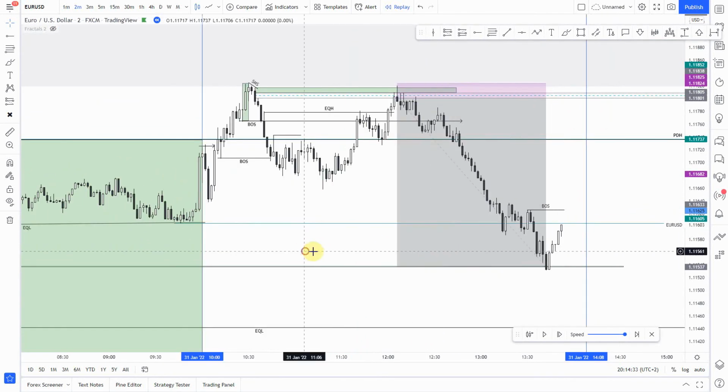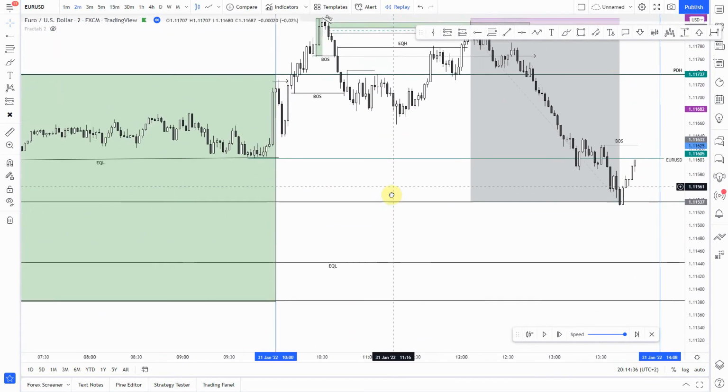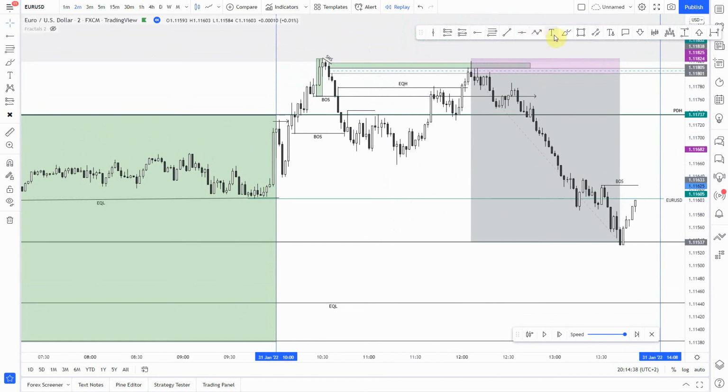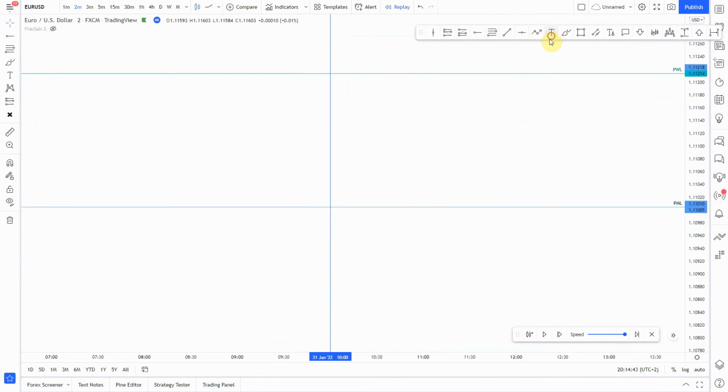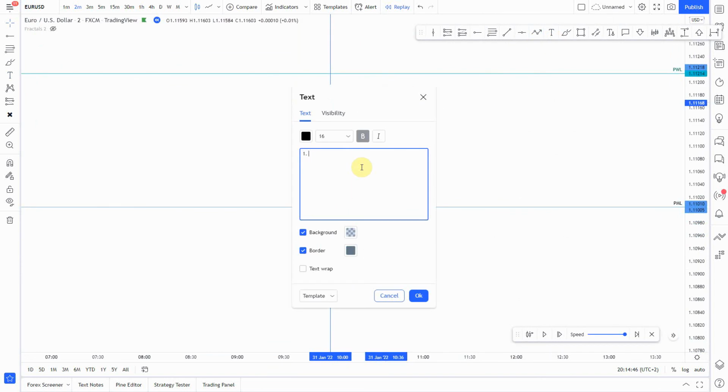But what do you have to take home from this video? Now let me give you the homework, the lunchbox. Lunchbox is: one, trade with the higher time frame directional bias. Two, look at the closest POIs to take trades from.